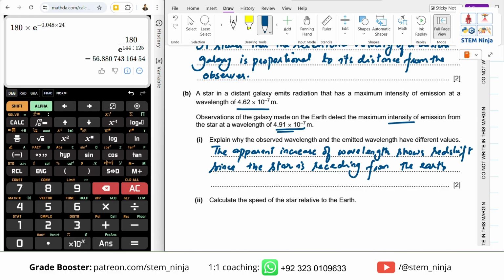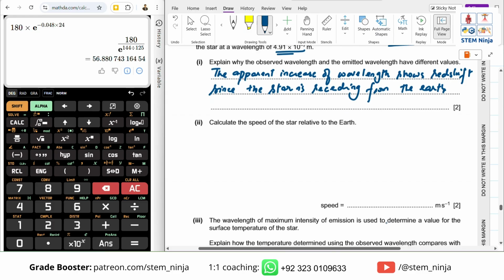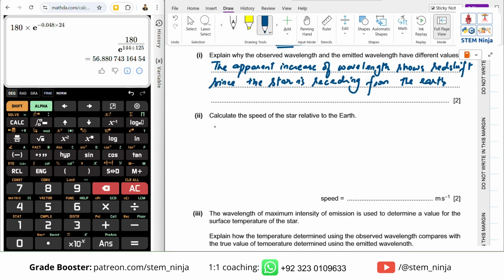Calculate the speed of the star relative to the Earth. So this is the Doppler effect equation that we learned in A2. Change in wavelength over lambda is approximately equal to v over c, where c is the speed of light.